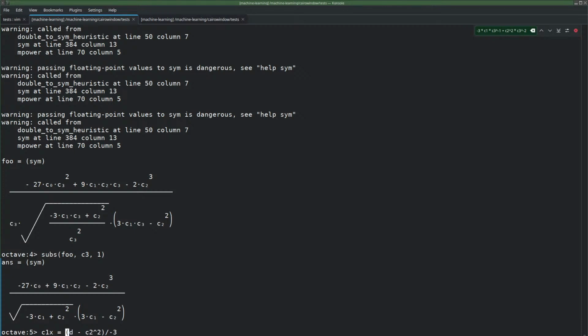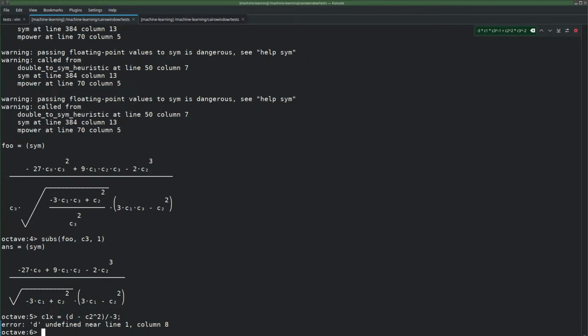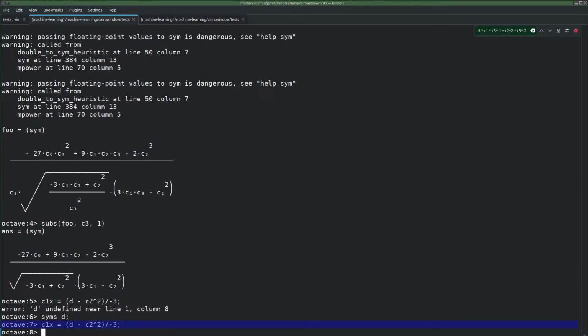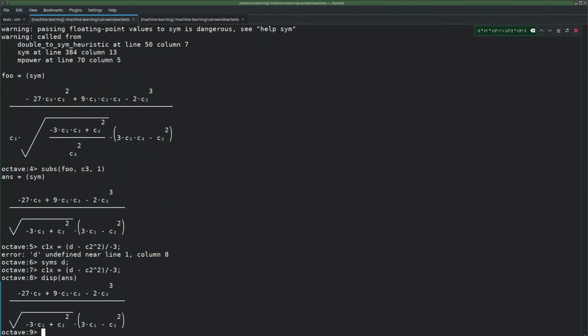C1x. So we set this. There's no D. Sims D. And then I want to do this to have it still an ounce here, or I just have an ounce. It says ounce here, so.